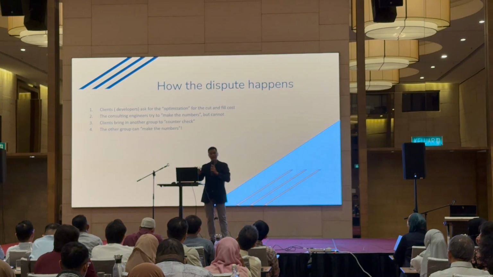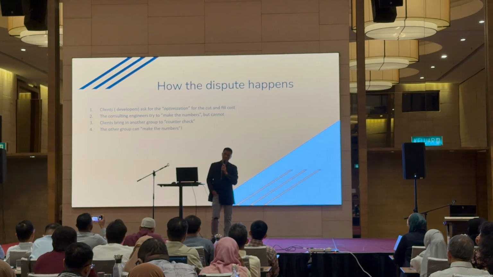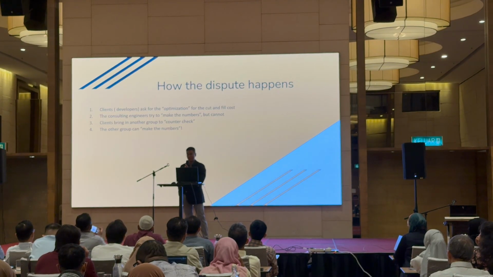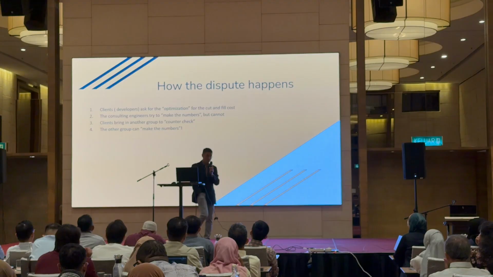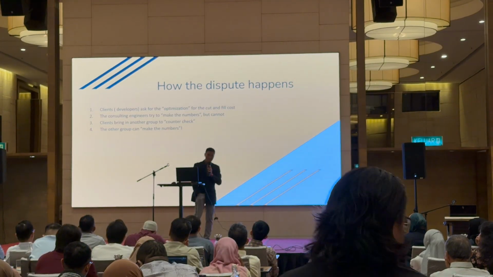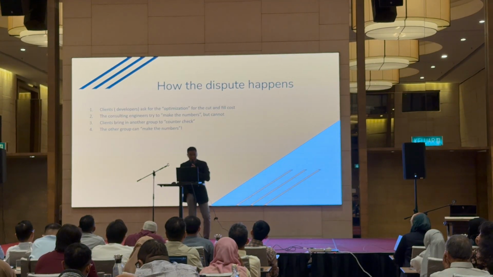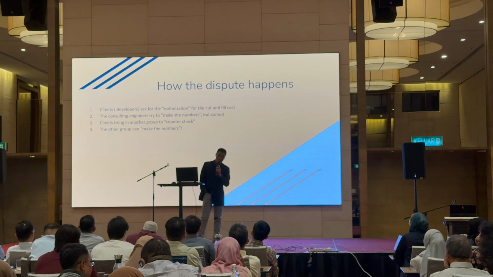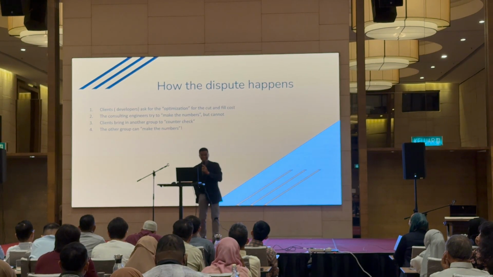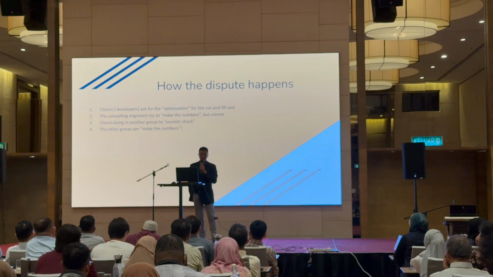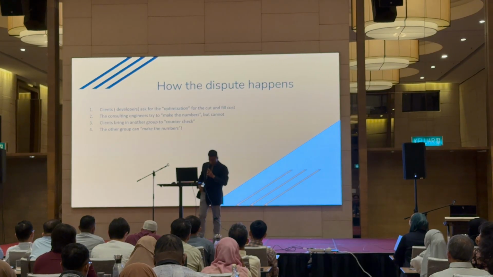They say, how can you actually minimize my cut and fill cost? If you propose a number that they are not happy with, then they say, I want to get another group of consultants that can make the numbers for me, all right? Then you have consultant A and consultant B arguing with each other, trying to convince each other that they are both right. Or they are just trying to reach a middle ground, a compromise.